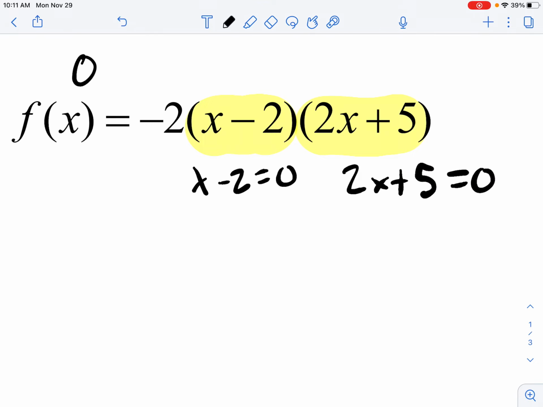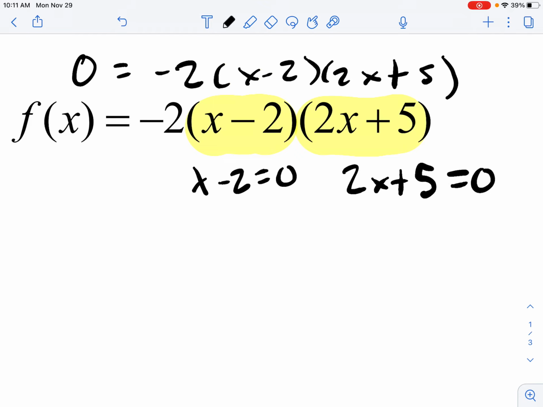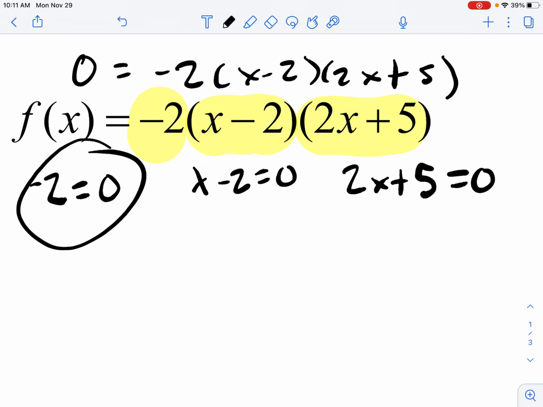Because when you solve for x, we get 0 equals negative 2 times (x minus 2) times (2x plus 5). Now, some of you are wondering, what about this negative 2 out front? What does that do? Well, if you literally set this to 0, like negative 2 equals 0, can we do anything else to that? No, there's no x. There's nothing to plug in and nothing to solve for.